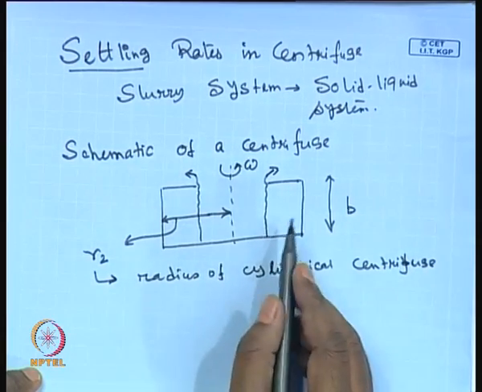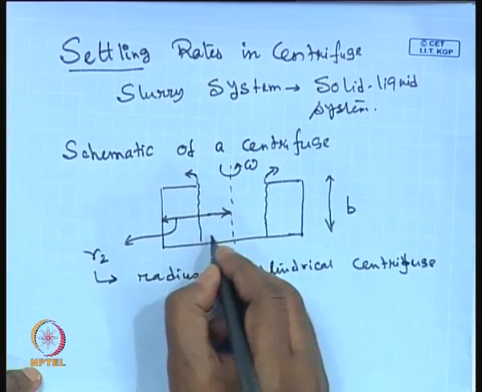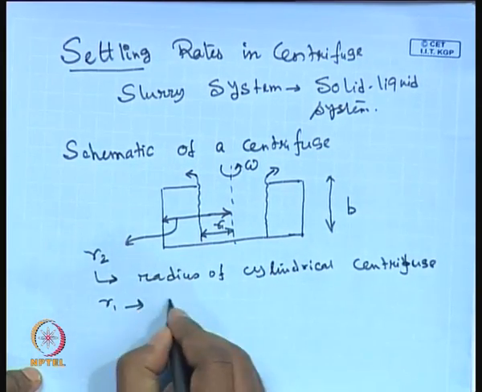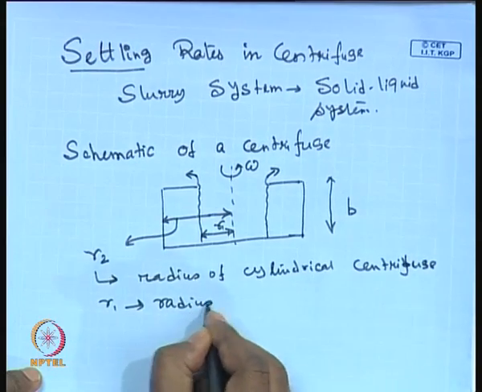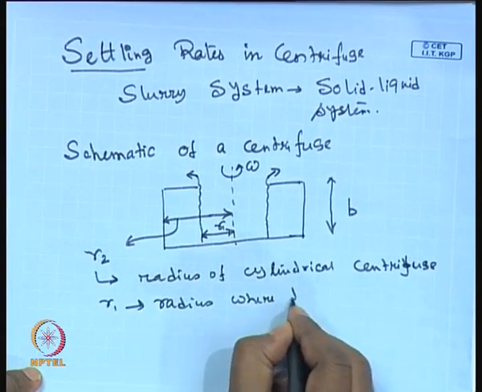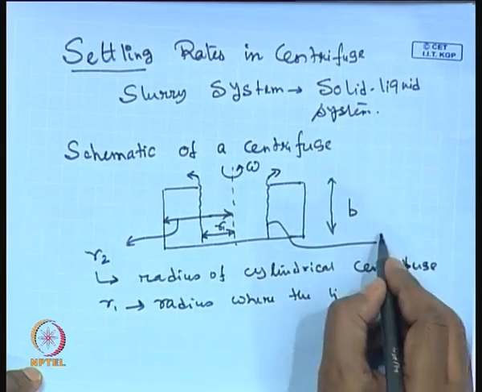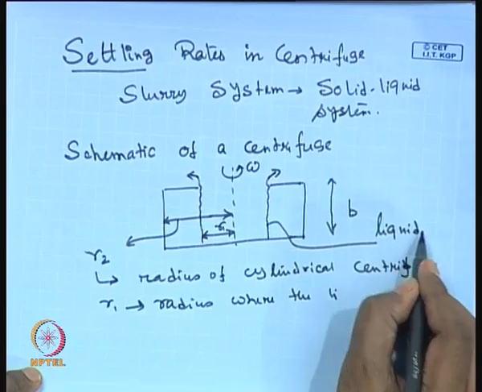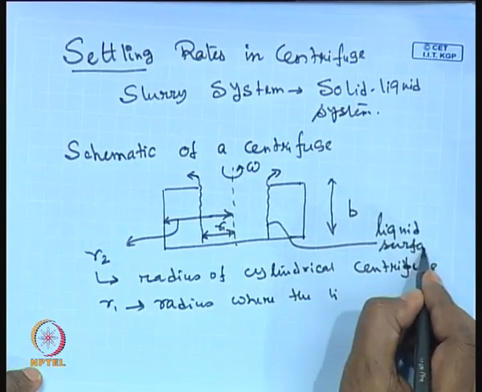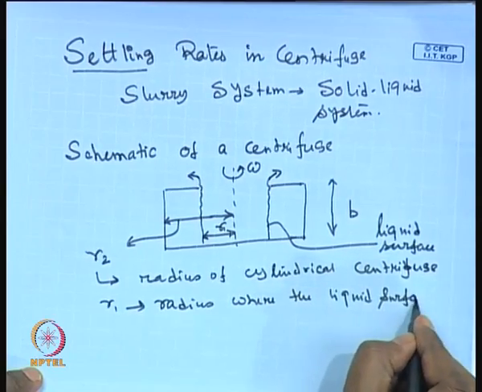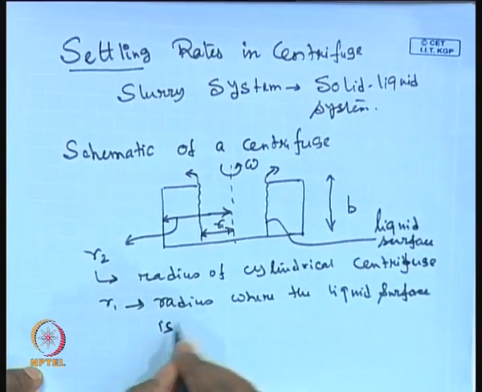Let us say this distance is r1. So, r1 is the radius where the liquid surface is located. This is nothing but the liquid surface.